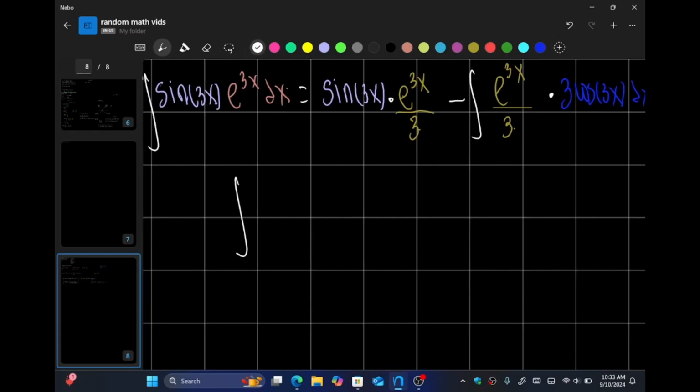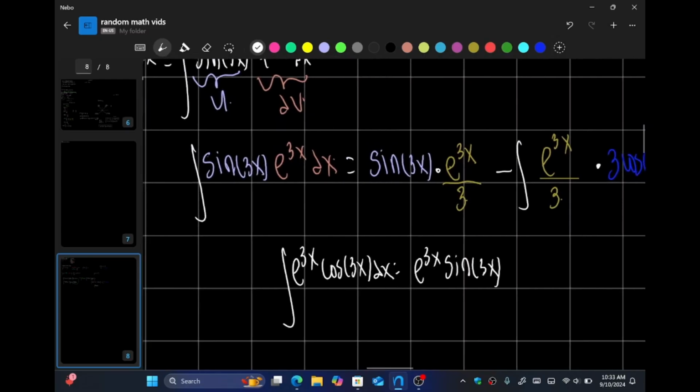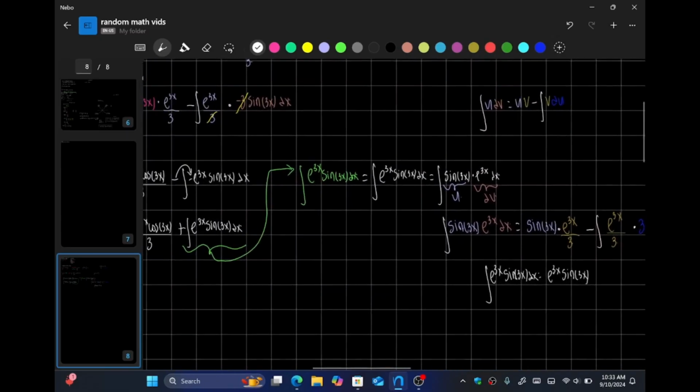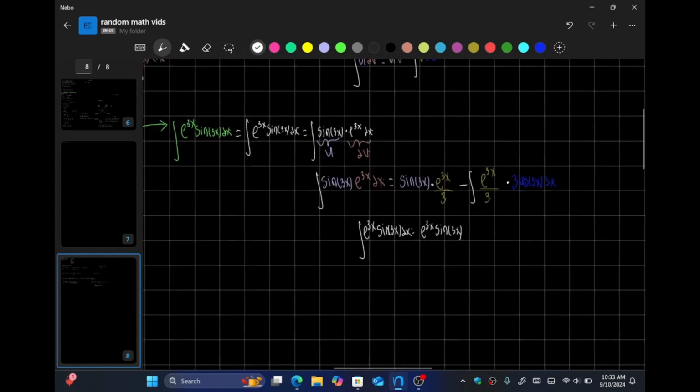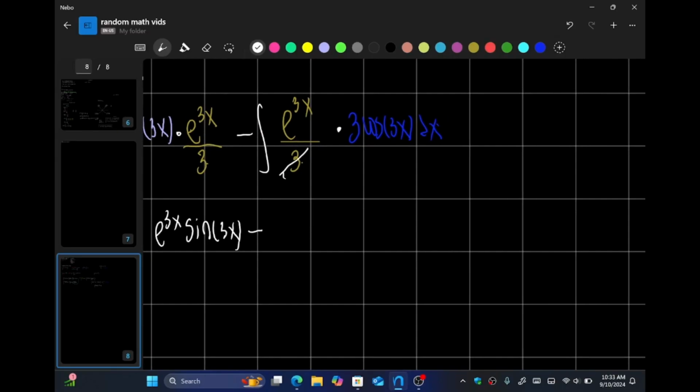The integral of e to the 3x sine of 3x dx is equal to e to the 3x sine of 3x. I'm sorry, this should be sine, not cosine. Yeah, and so this is going to go minus, and the 3's are going to cancel out. If you notice, guys, these are going to cancel out.